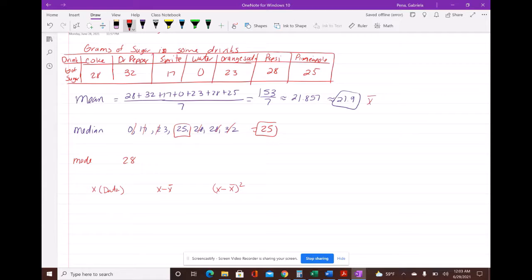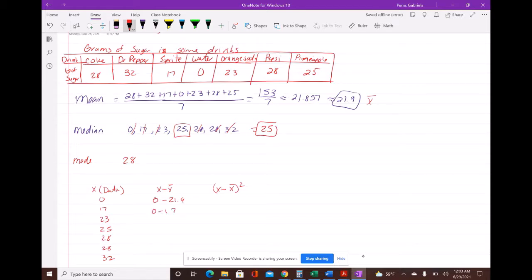And remember, this is your mean. This is that number. So my data is 0, 17, 23, 25, 28, 28, and 32. 0 minus 21.9.